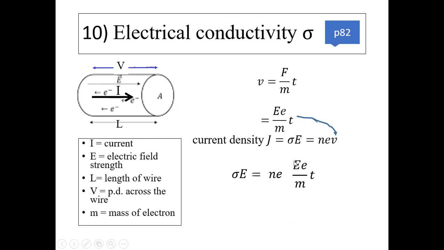So the capital E and capital E can cancel off. Then we can simplify it, and sigma equals n e squared t divided by m. Remember, m is the mass of electron, e is the charge on electron, n is the number per unit volume, t is the time between collision. Okay, we have derived the formula.